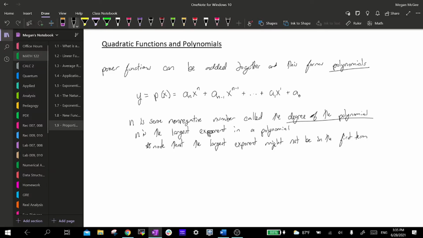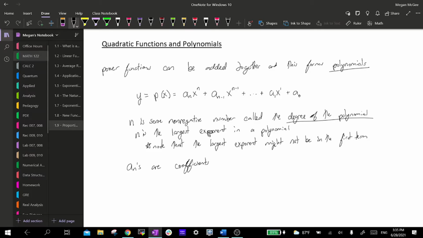So then we have a sub n. So that's all of these guys, right? A sub n minus 1, a sub 1. These are all just numbers, alright? They're just coefficients. I'm going to say a sub n's are coefficients.